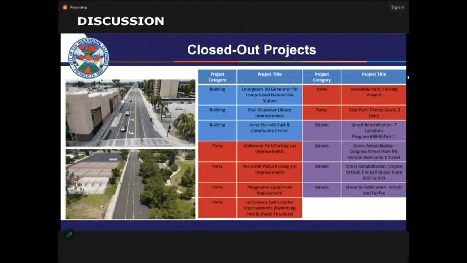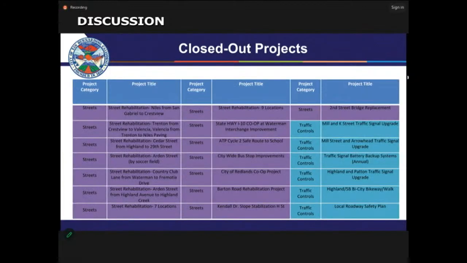You can see that there are 3 projects completed for the building projects, and for parks there are a total of 6 projects, and for streets there are more, in the next slide. So quite a few street projects, as you can see. And the last column is the traffic control projects, and there are a total of about 6 traffic control projects. Are there any questions about these projects?